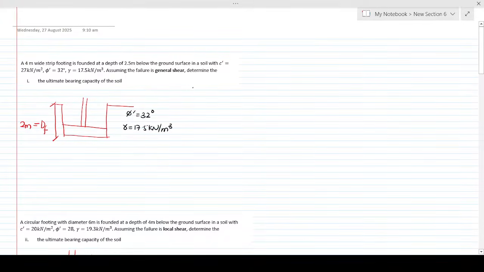Now, for general shear, the equation for safe foundation is given by c prime Nc plus q Nq plus 1/2 gamma B N gamma. The first one, we have to find our shear, that is q equals gamma D. So our gamma is 17.5, and the depth is 2.5.